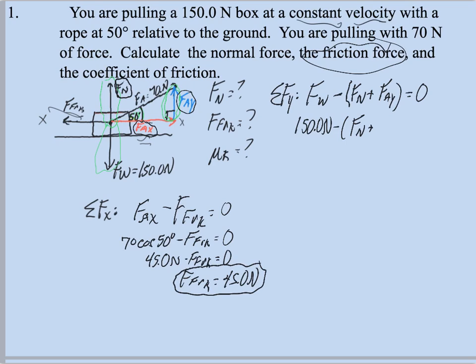So I'm going to do that. So 70 sine 50. So 150, I'll just drag that along with me, minus FN plus, what's 70 sine 50? Well, 70 sine of 50 is 53.6 newtons.